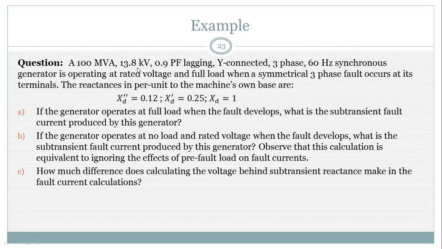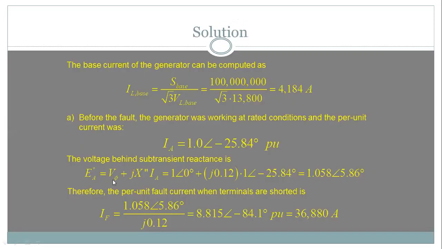It means 13.8 kilovolt is the fault voltage, so the terminal voltage is 1 per unit, angle 0 degree. And this is the internal drop, the subtransient reactance times the current. So we can easily find out the internal voltage of the machine.